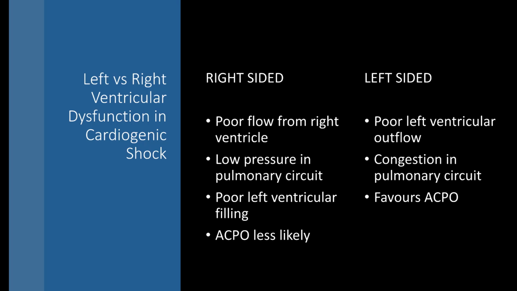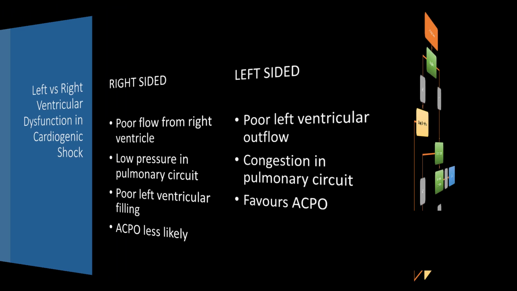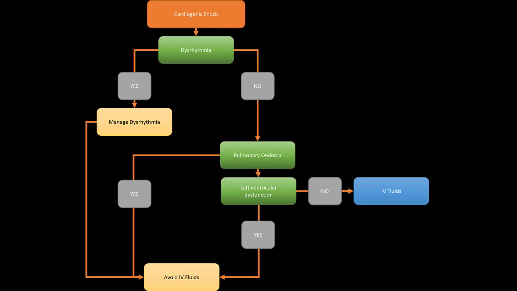In these circumstances, introducing IV fluid and increasing the preload of the left ventricle is likely to result in further decoupling of the Frank-Starling mechanism. This is going to cause an increase in congestion in the pulmonary circuit, and this can initiate or worsen fulminant cardiogenic pulmonary edema.